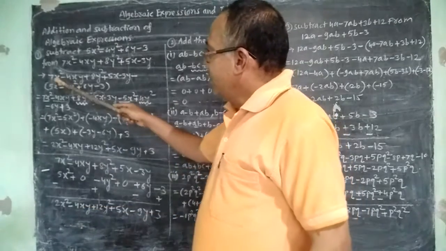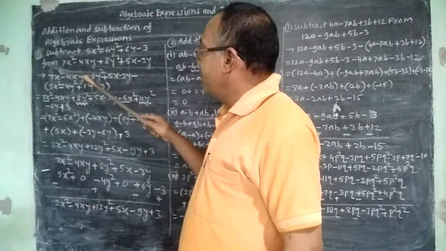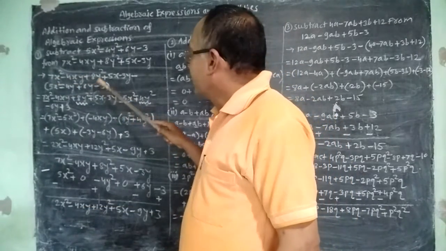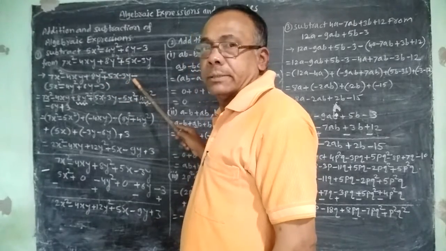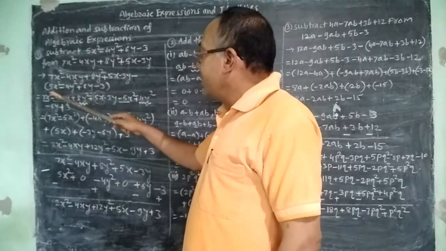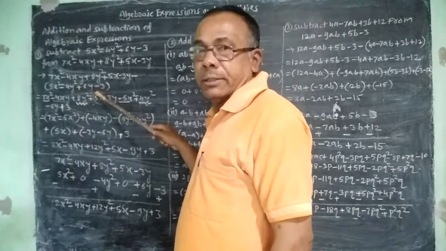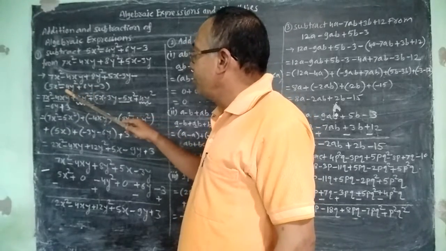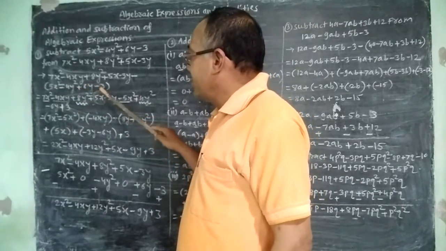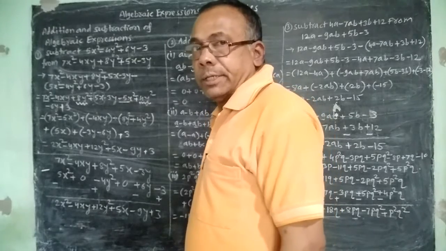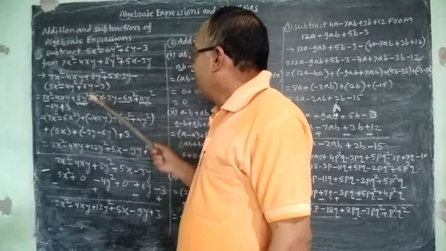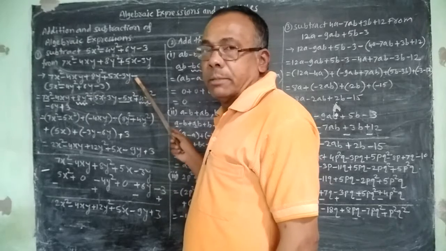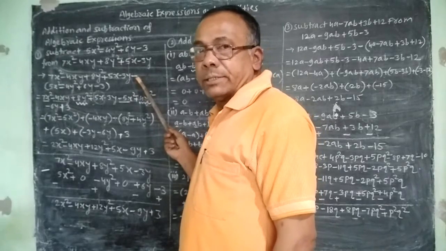So 7x square minus 4xy plus 8y square plus 5x minus 3y minus the second, means the first expression here, that is 5x square minus 4y square plus 6y minus 3. Here I have written the first expression in the bracket, because we know that the outside the bracket minus sign is there.